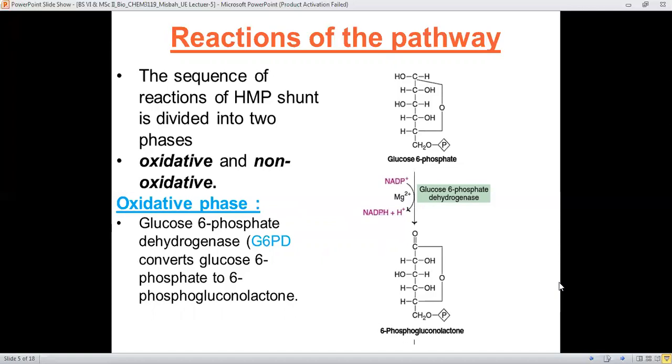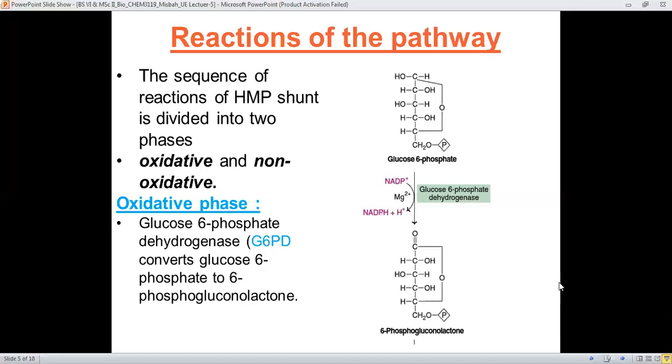The first phase, which is called the oxidative phase, is concerned mainly with the removal of hydrogen from the substrate. Step by step, you will see how the hydrogens are removed from the substrate and what the role of NADP is in removing hydrogen from different substrates, which may be glucose type, hexose type or pentose type.